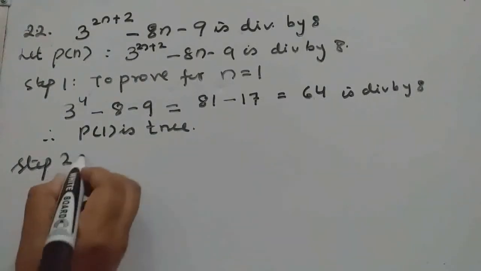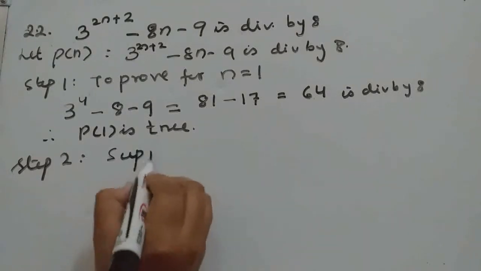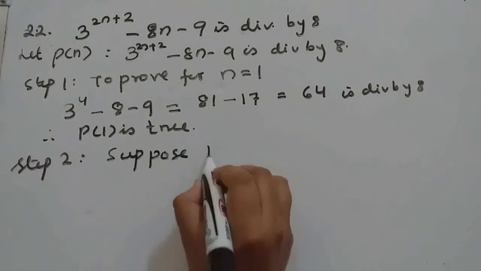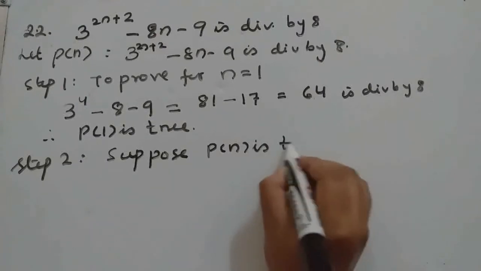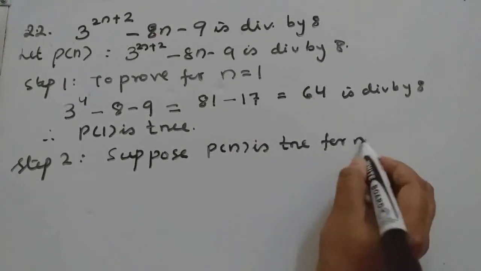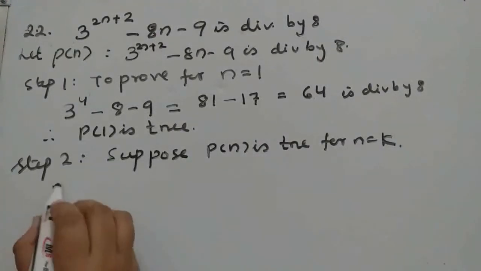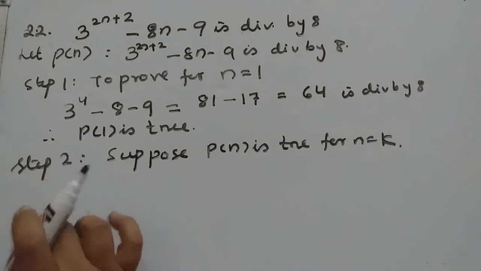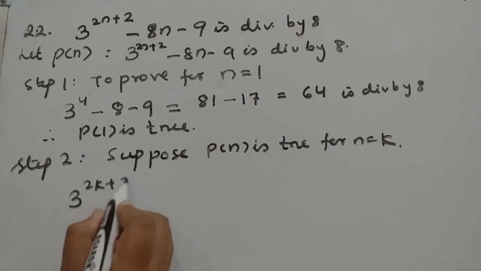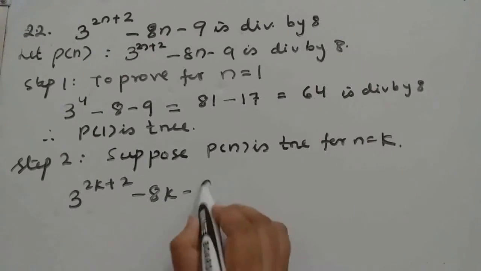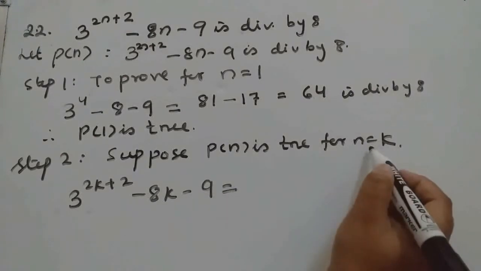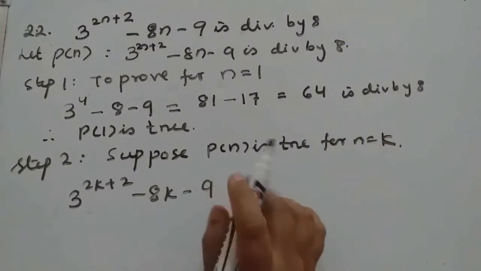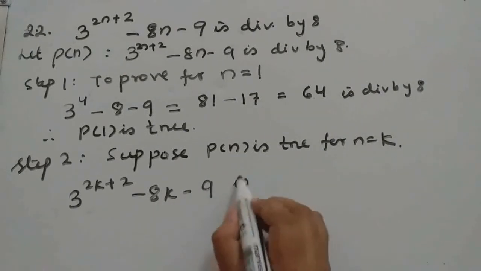Step 2. Suppose p of n is true for n equal to k. Okay, so 3 power 2k plus 2 minus 8k minus 9 is divisible by 8.